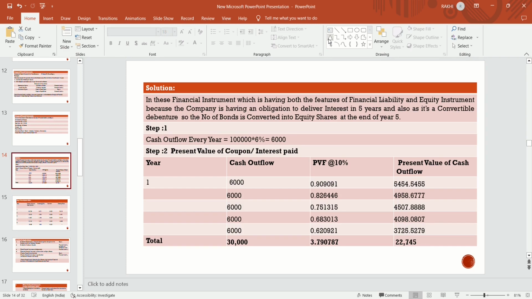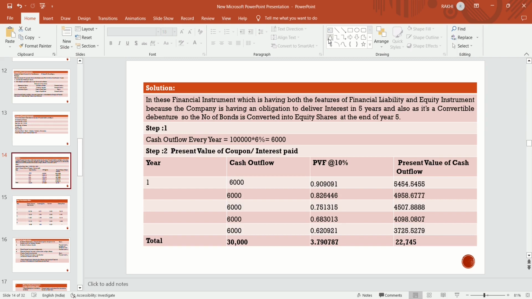So it should be treated as equity because the fixed-to-fixed criteria is met, because the number of shares is mentioned and the price, the consideration, is also mentioned. So what is the cash outflow every year? The company will pay a coupon of 1 lakh at 6%, that is 6,000 per year.